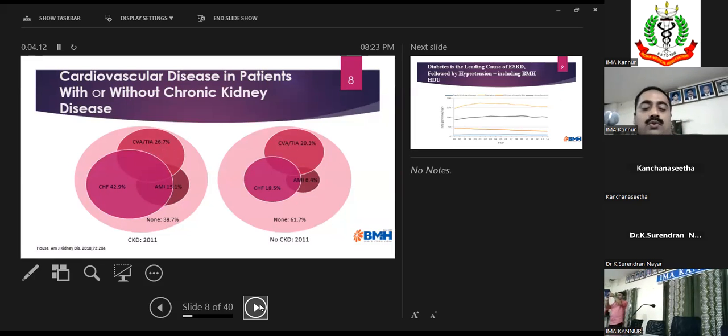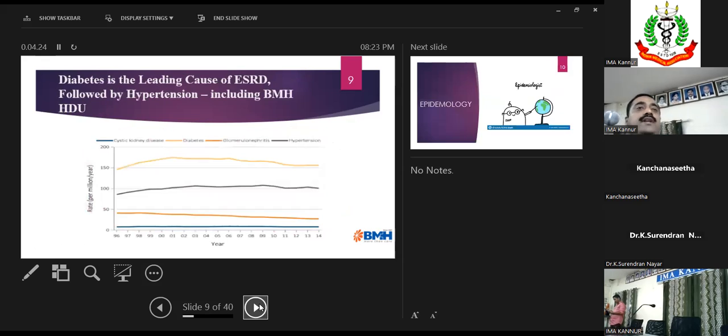When a patient has CKD, there is an increased chance of CVA, acute myocardial infarction and congestive heart failure when compared to those who have normal kidney function. And even in our unit, nearly 80% of the patients who are right now on dialysis are there because of diabetic nephropathy, followed by hypertension, while cystic kidney disease and glomerulonephritis contribute only a smaller component.